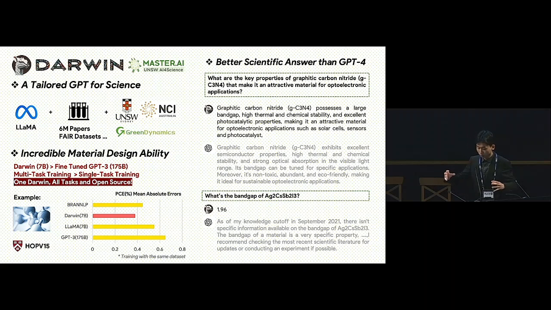So we grouped around 10 different tasks together to fine-tune our DARWIN model, and we found that the performance is even better than training on a single task, and also better than the SOTA, state-of-the-art model in that area, specifically designed for, for example, the Harvard OPV 15 task.